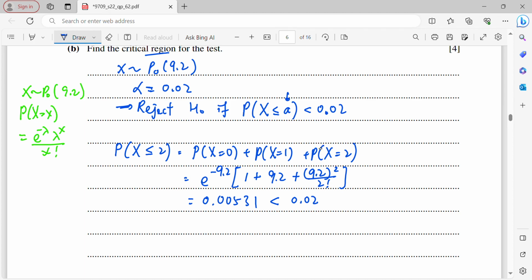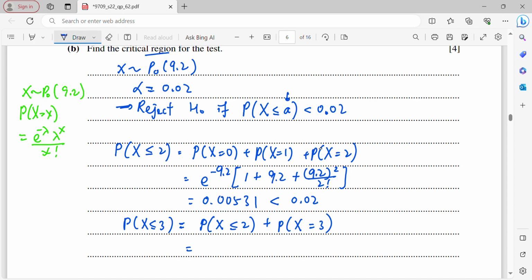Okay, then now P(X ≤ 3). Because this is very small, I want to get the critical region, therefore I consider X ≤ 3. So P(X ≤ 3) is basically P(X ≤ 2) plus P(X = 3). That's the reason I give more decimal places in the previous calculation.